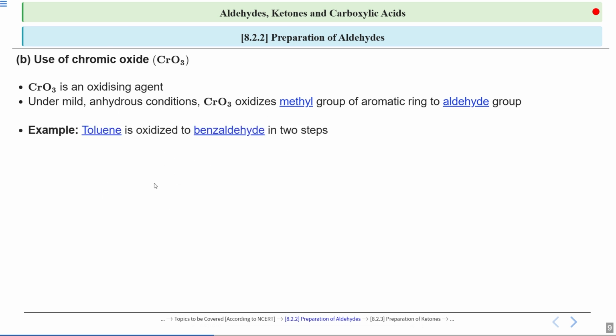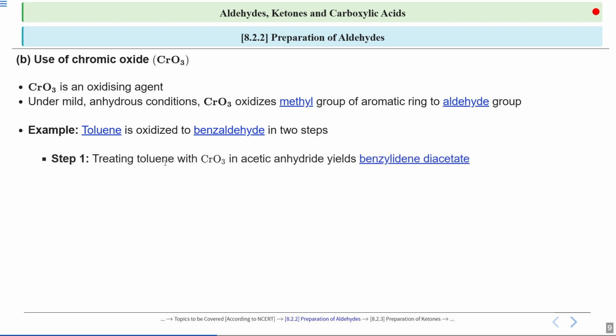Let us look at this example: toluene, which is a common solvent and a starting material, can be oxidized to benzaldehyde in two steps. The first step is treating toluene with CrO3 in acetic anhydride.